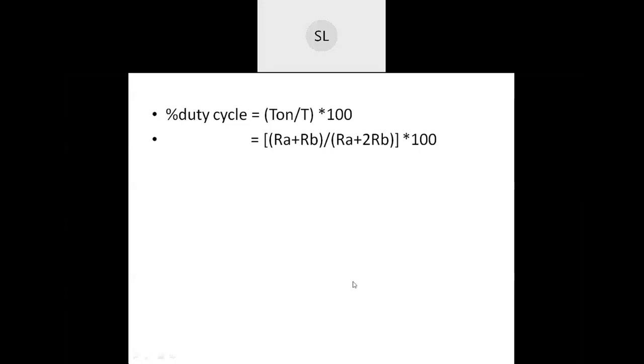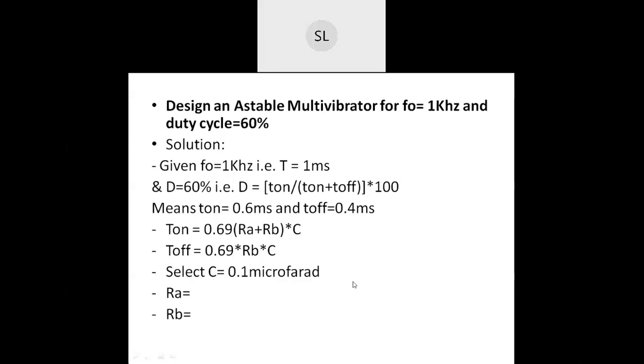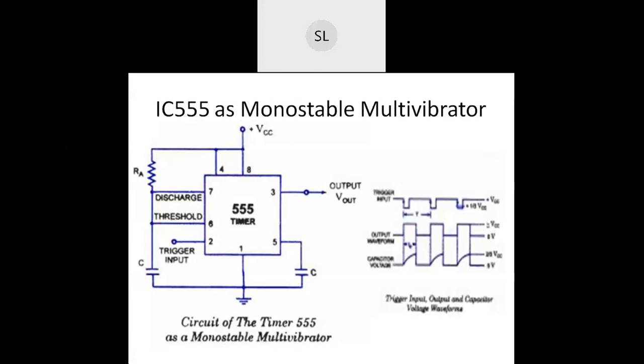So this is about the astable multivibrator. We have already studied how we can design this astable multivibrator. So the next application of this IC555 is that it can be used as a monostable multivibrator.